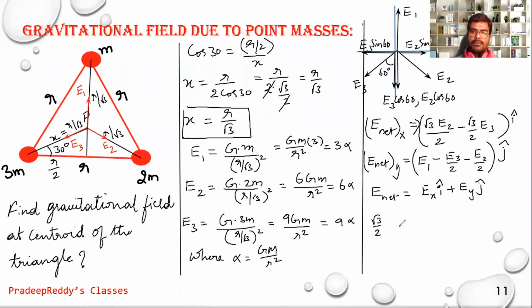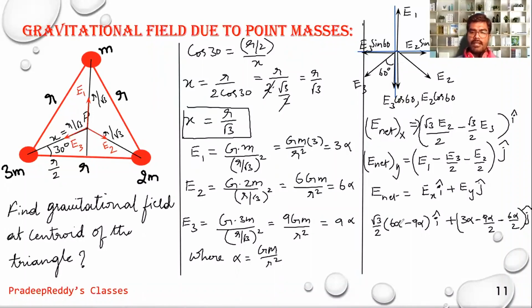So root 3 by 2 into E2 is 6 alpha, E3 is 9 alpha. This is I cap plus Ey. What is E1? E1 is 3 alpha minus E3 is 9 alpha by 2 minus E2 is 6 alpha divided by 2, and this is J cap.